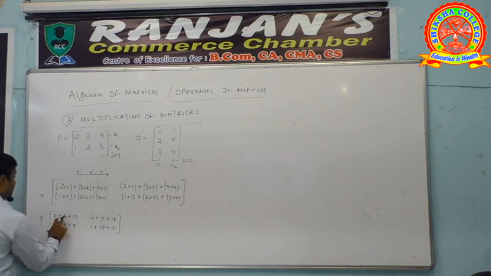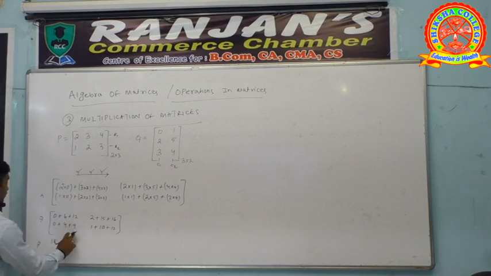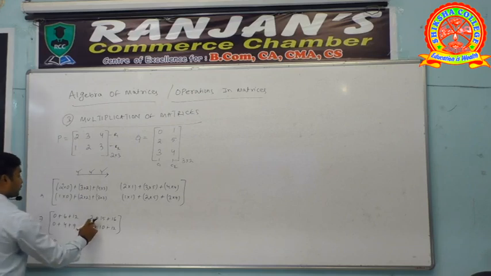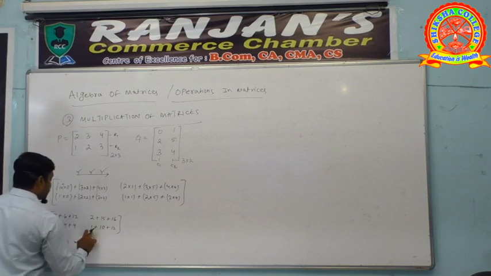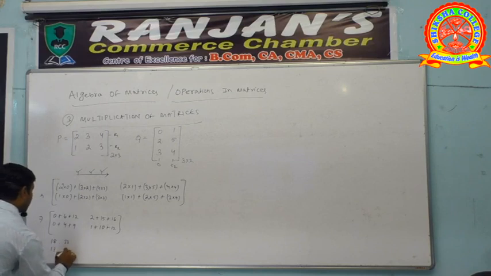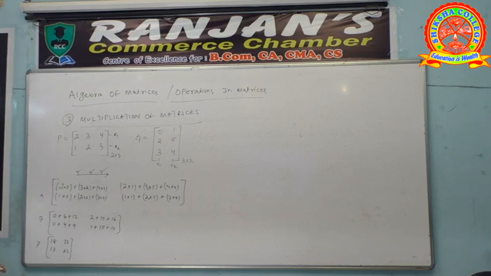Now 0 plus 6 plus 12 is 18; 9 plus 4 plus 0 is 13; 15 plus 16 is 31, plus 2 is 33; 10 plus 12 is 22, plus 1 is 23. That is the answer.